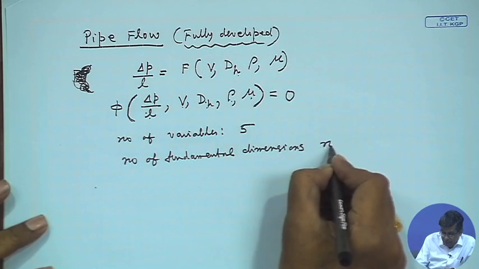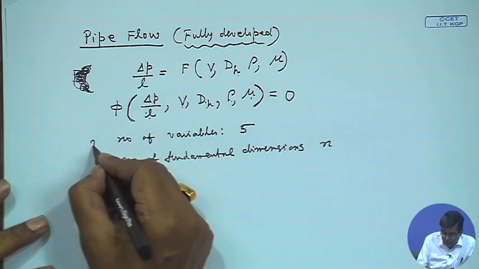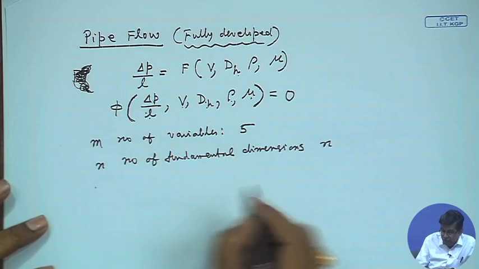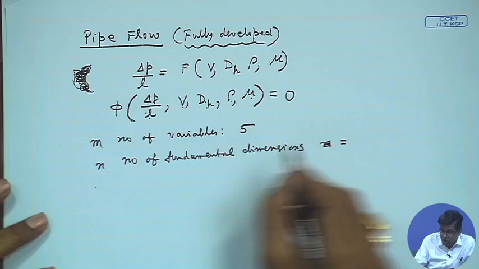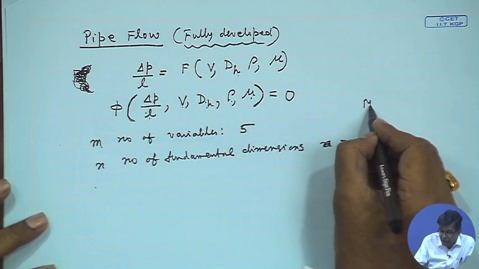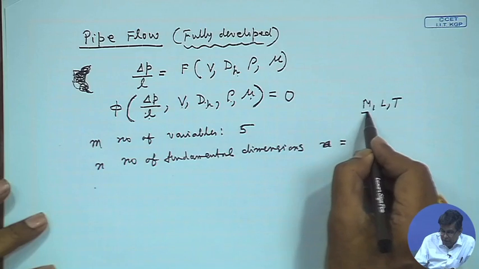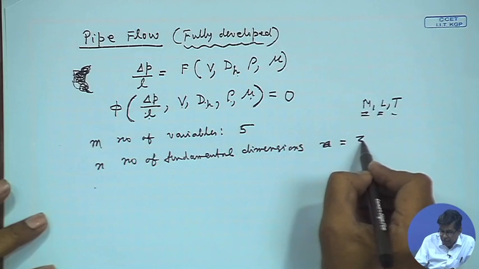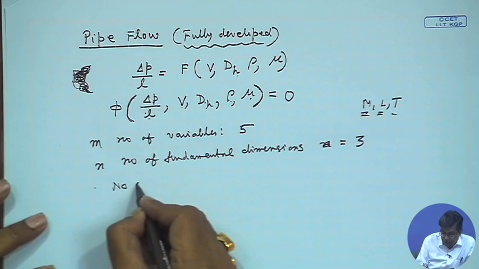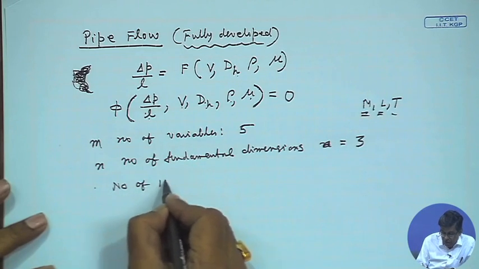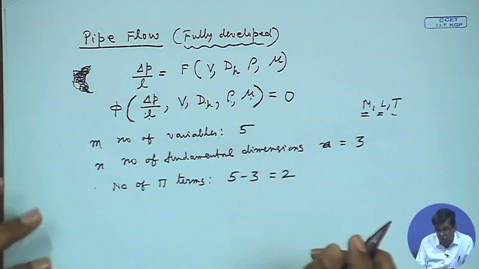The number of fundamental dimensions is 3, since all these parameters are expressed as mass, length and time. So, the number of pi terms is equal to 5 minus 3, which is 2. Therefore, 2 pi terms.